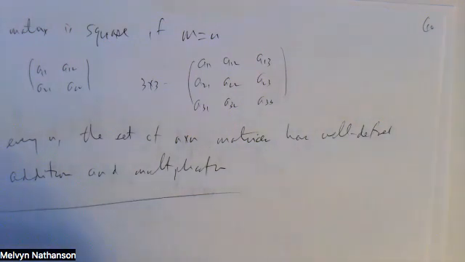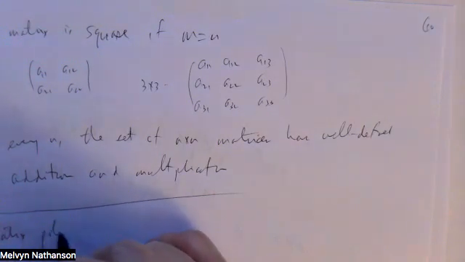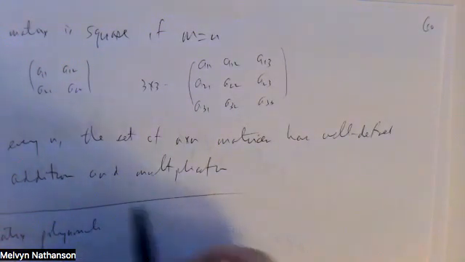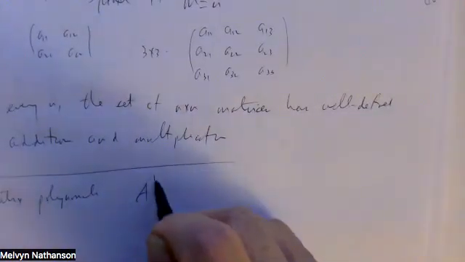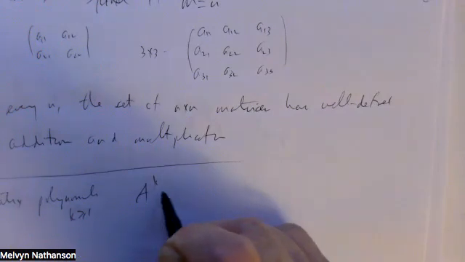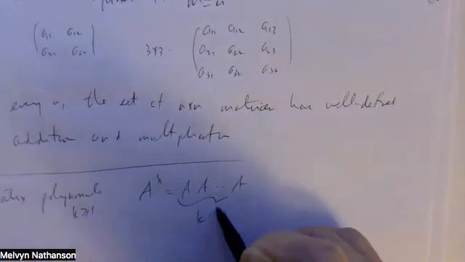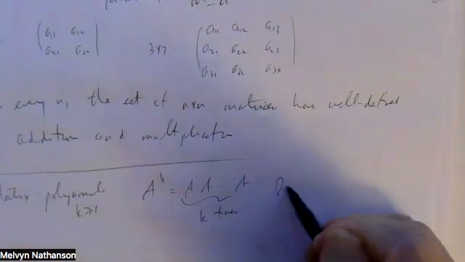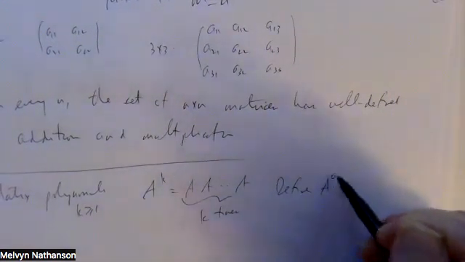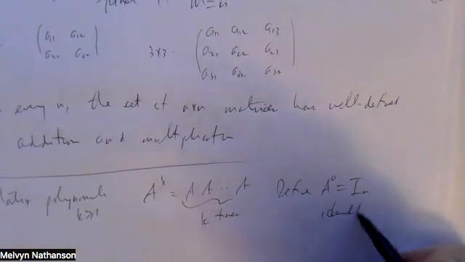But you can define matrix polynomials. So A to the k, for k a positive integer, is just multiplying A by itself k times. And we define A to the power 0 to be the identity matrix.